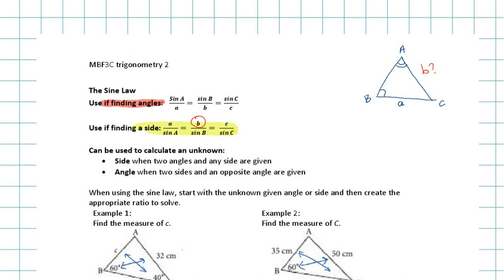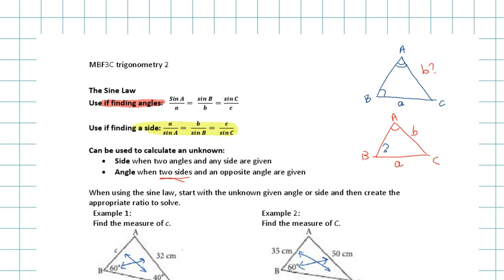Now, if you are given one angle with two sides, so two sides and an opposite angle, you're looking for the third, so another angle. So this is what we have. Let's say we know angle A and side A. We know side B, and I'm looking for angle B. That's another way that I can use the sine law.